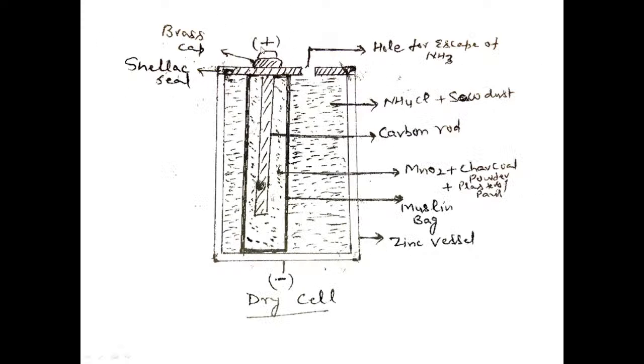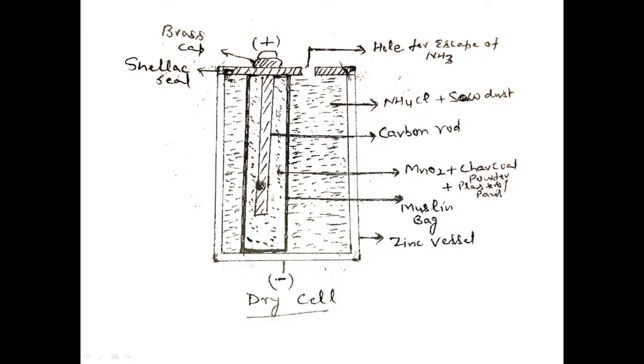This is the muslin bag in which you are having carbon rod along with manganese dioxide and charcoal powder. This is the ammonium chloride paste, and this is sealed at the top with shellac or tar.